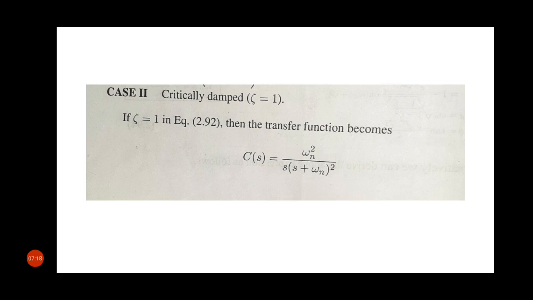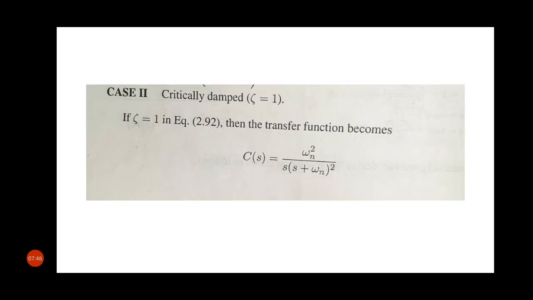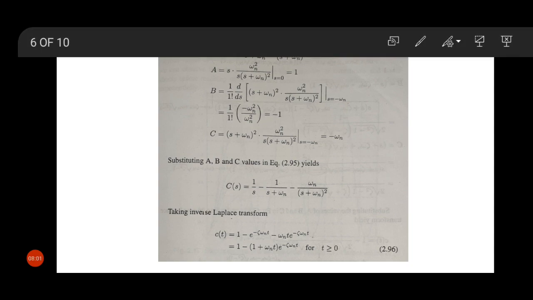Now again here we do partial fraction. After doing the partial fraction, we get the values of A, B and C. Putting these values of A, B, C in our equation number 2.95, the equation will be this.